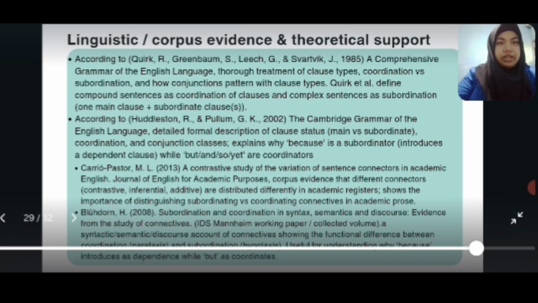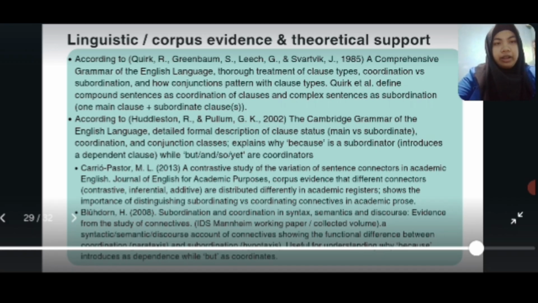Quirk et al. defined a compound sentence as coordination of clauses and a complex sentence as subordination, one main clause plus subordinate clauses. According to Huddleston, R. and Pullum, G.K. 2002, The Cambridge Grammar of the English Language gives a detailed formal description of clause status, main versus subordinate, coordination and conjunction classes. It explains why: because is a subordinator introducing a dependent clause, while but, so, and yet are coordinators.